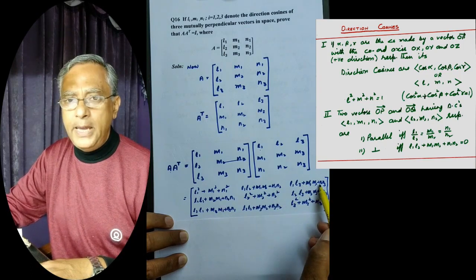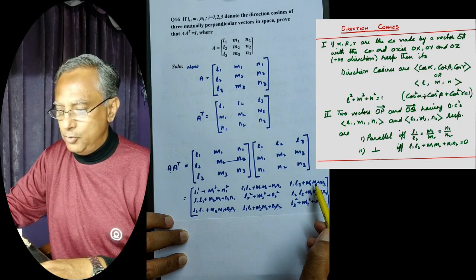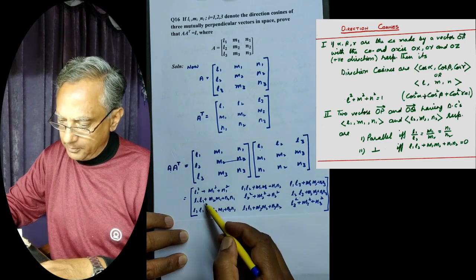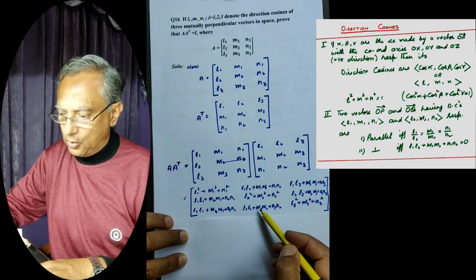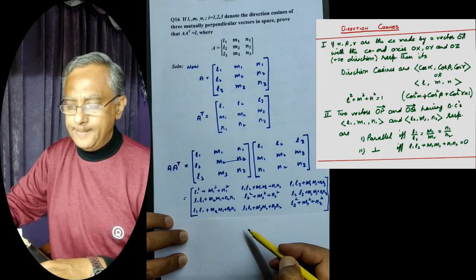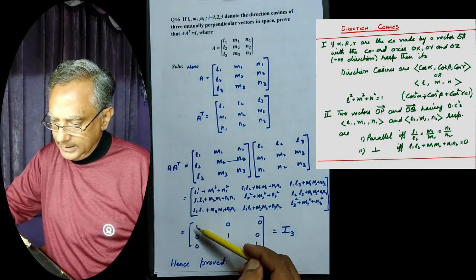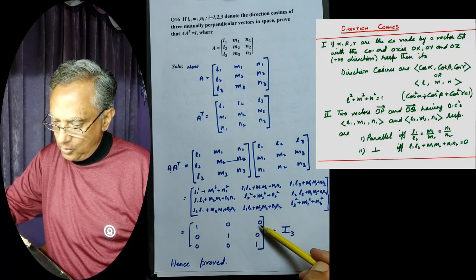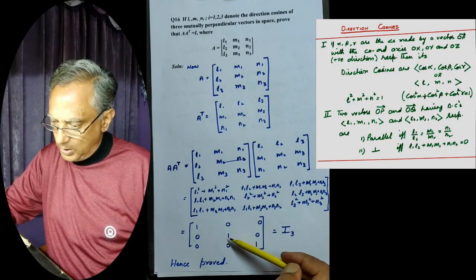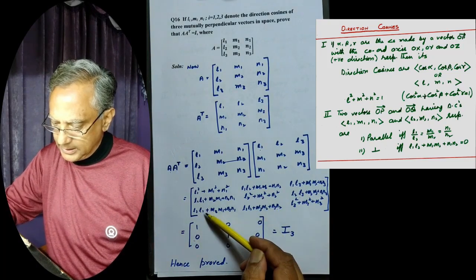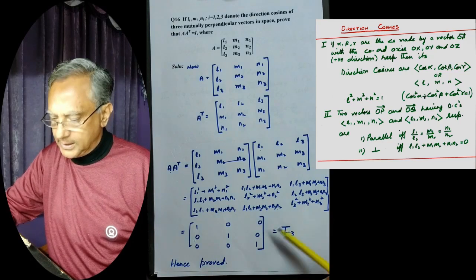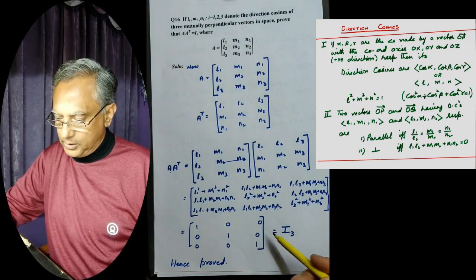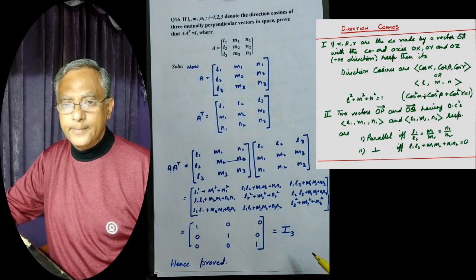This must also be 0 because the vectors are mutually perpendicular. So we get the matrix with 1 on the diagonal and 0 elsewhere. So this is equal to I3.